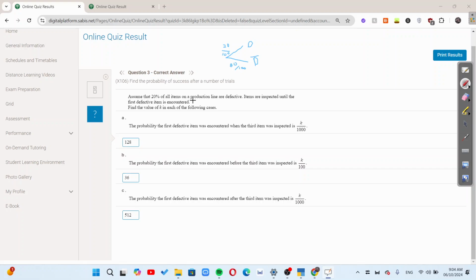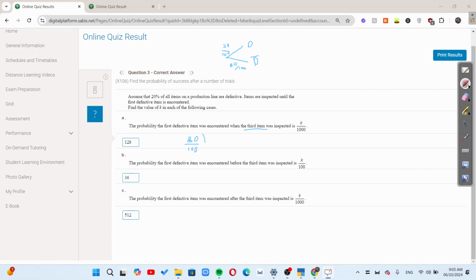So now let's see. What's the probability that the first defective item was encountered when the third item was inspected? So we need to assume that your first two were non-defective and that your third one was defective. So we're going to do here 80 over 100, which is the non-defective, because you need two items that aren't and one that is.